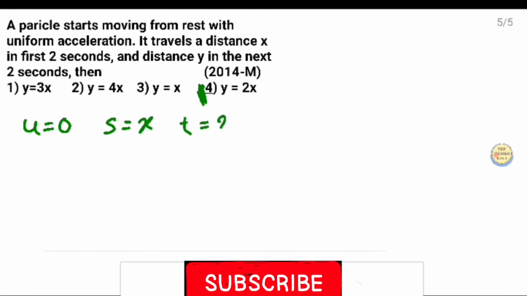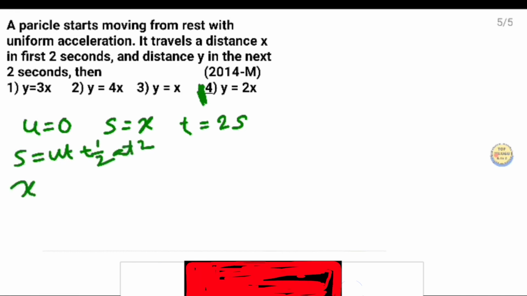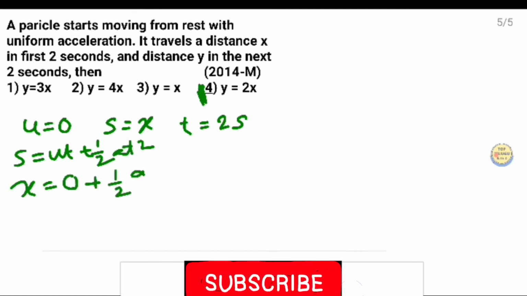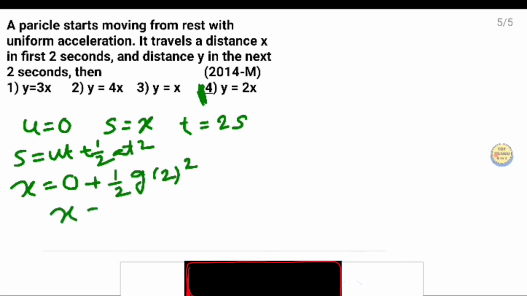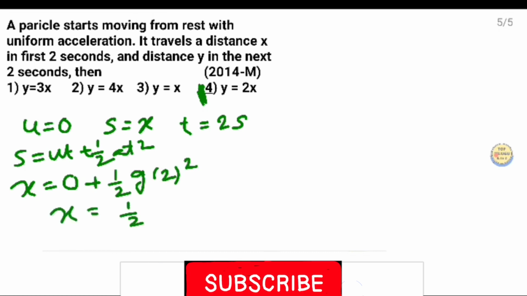Time t is equal to 2 seconds. So from equation of motion, s is equal to ut plus half at square. S is x, u is 0, plus half a is g, t is 2 square. Therefore x is equal to half g into 2 square, which is 4. This is equation number 1.